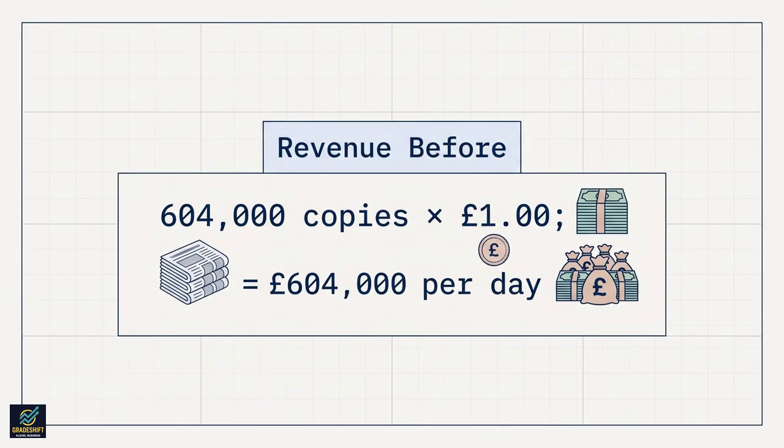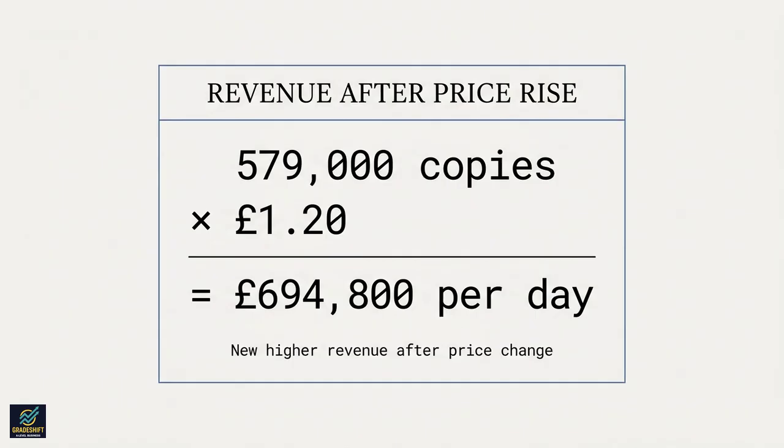Let us calculate the financial impact. Before the price increase, the Telegraph sold 604,000 copies at £1 each. This generated a total daily revenue of exactly £604,000. After raising the price to £1.20, sales fell to 579,000 copies.